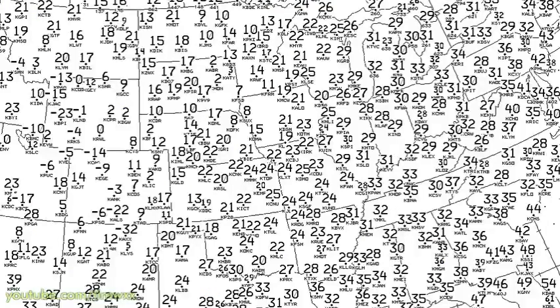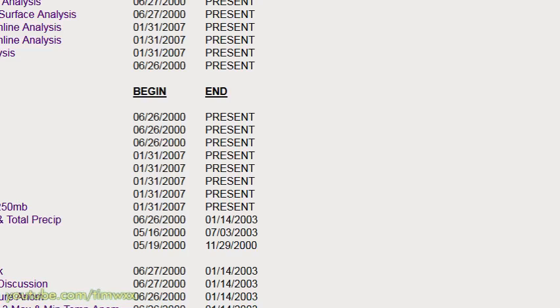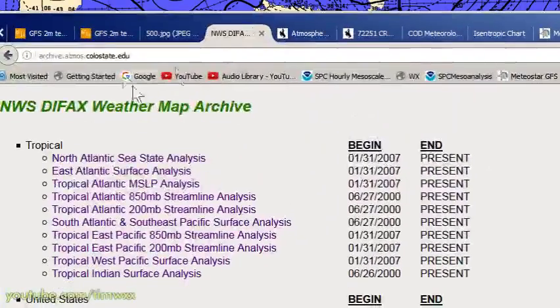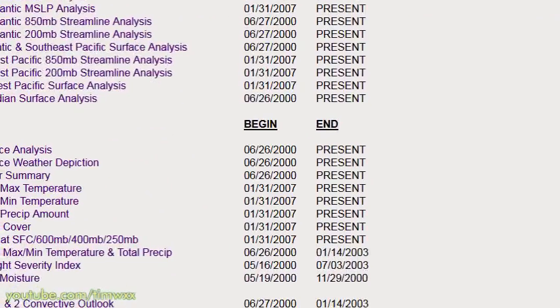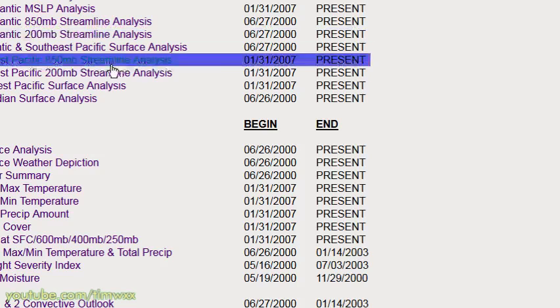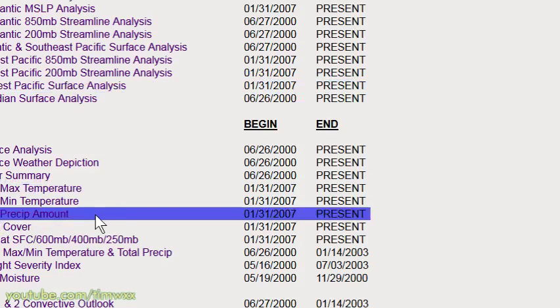That's coming from the DIFAX archive at Colorado State, and I'll give you the URL here. I think, yeah, you can see that right there. archive.atmos.colorado.state.edu. And these are all National Centers for Environmental Prediction charts. And these are actually legacy charts, a lot of them date back to the 1960s and 70s, actually.